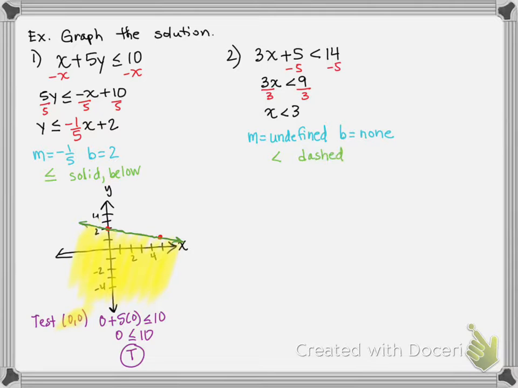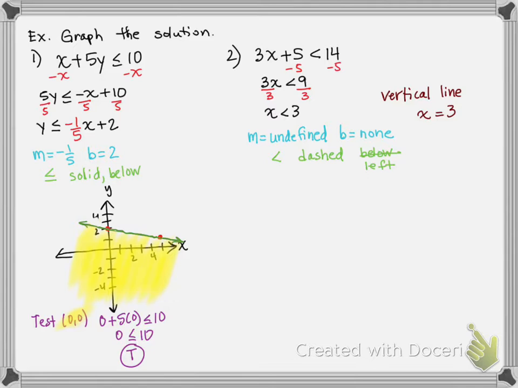Now, we would normally think the word below, but because it's a vertical line, we're going to use the word left, okay? Because that makes more sense in this. So we're going to get a vertical line at where x equals 3, okay?